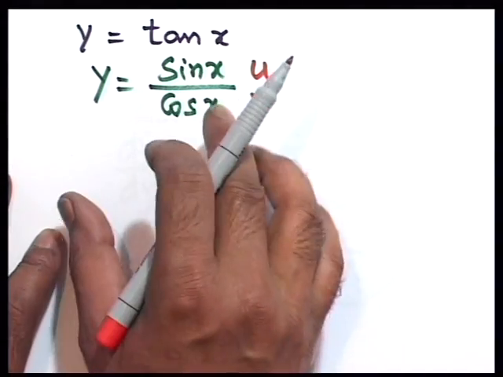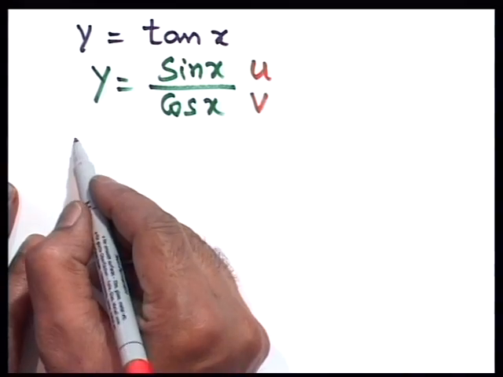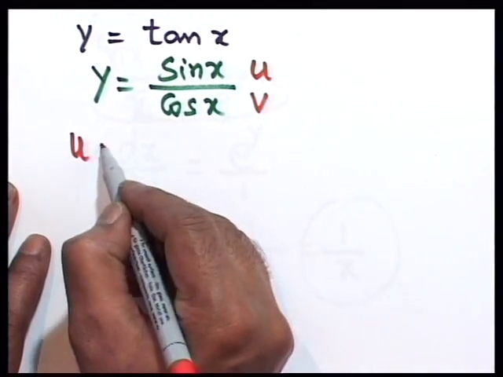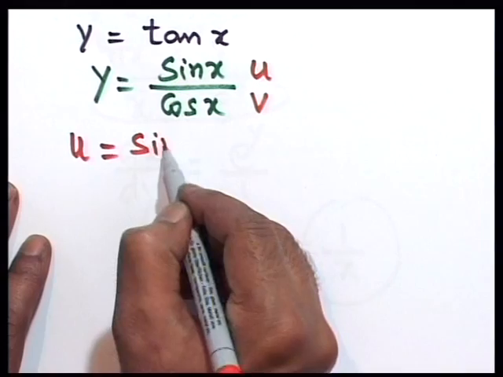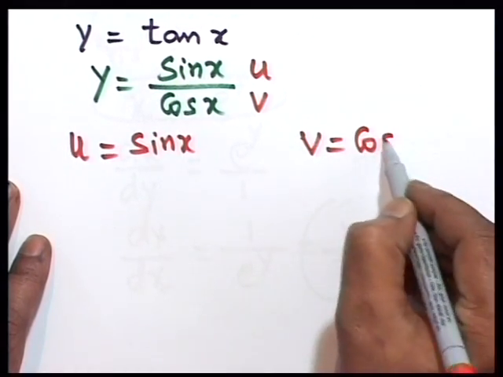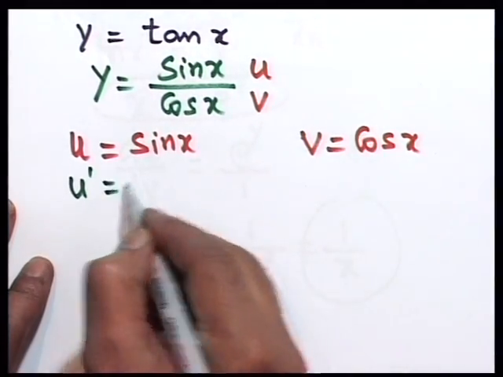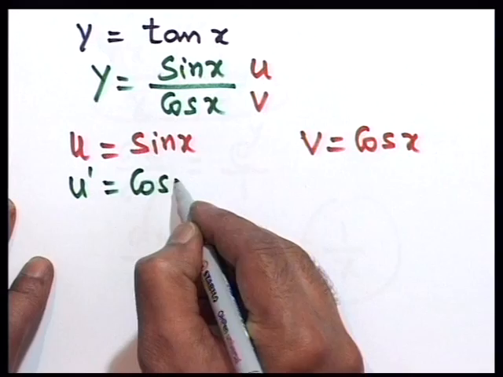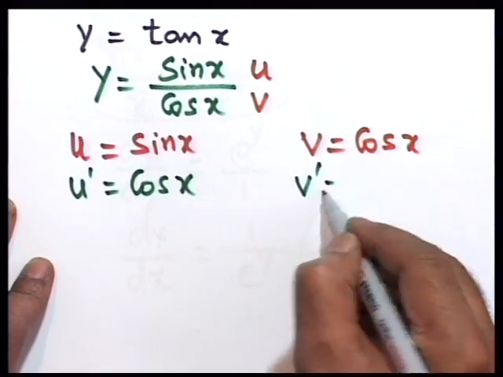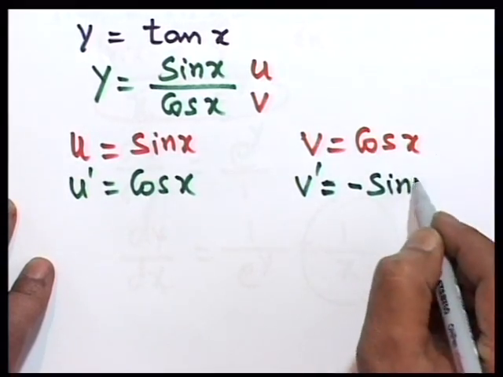Then we can differentiate using the quotient rule. So I'm saying u equals sine x and v equals cos x. Now differentiation of sine x, please. So u dash is nothing but cos x. v dash, just be careful, that's a minus sine x, please.